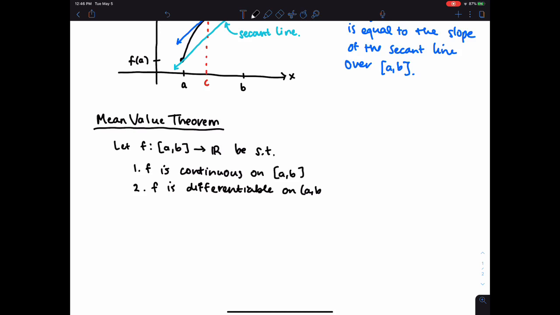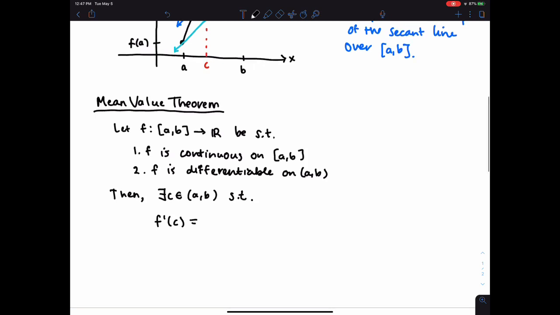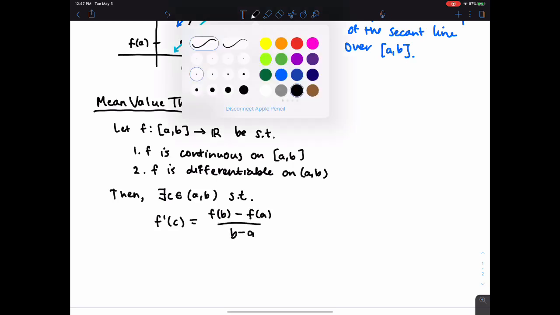So we drop that third condition of Rolle's theorem, and then we get to say that there has to be a C in (a, b) such that f'(c) equals that average rate of change, which is the slope of the secant line. So it's (f(b) minus f(a)) over (b minus a).